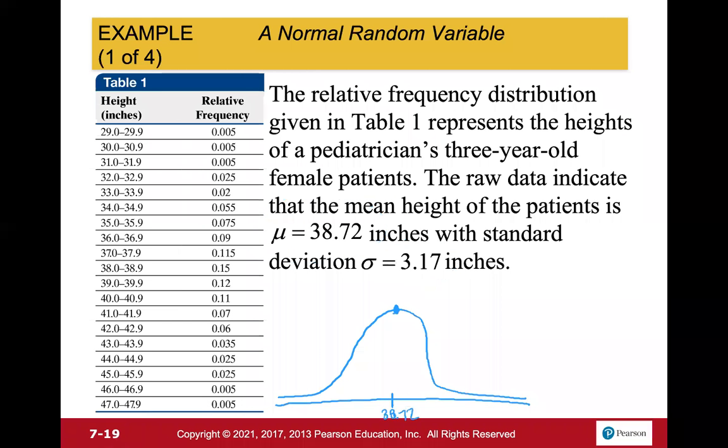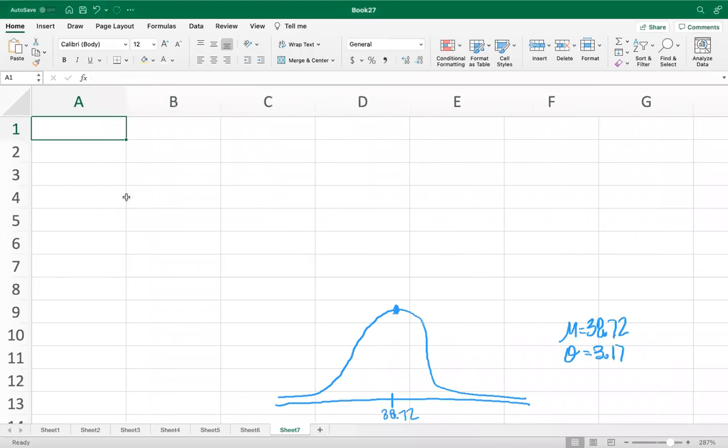And I forgot what these were. So they said that the mean is equal to 38.72. The standard deviation, 3.17. Okay, so now within one standard deviation, we're going to subtract our standard deviation and we're going to add our standard deviation for those two parts.